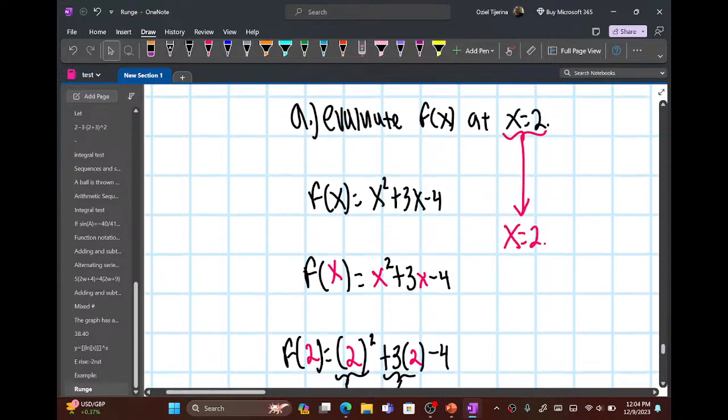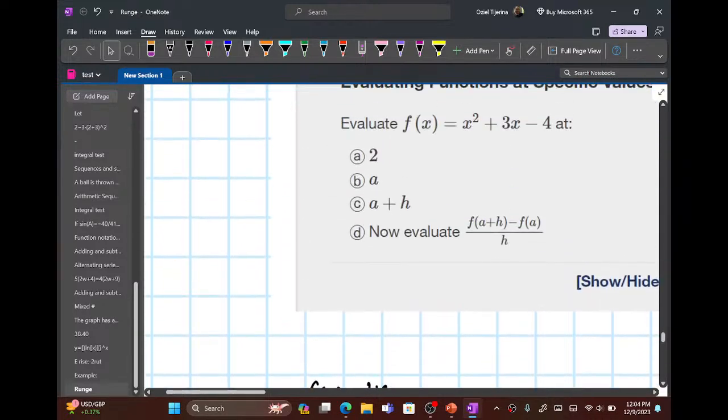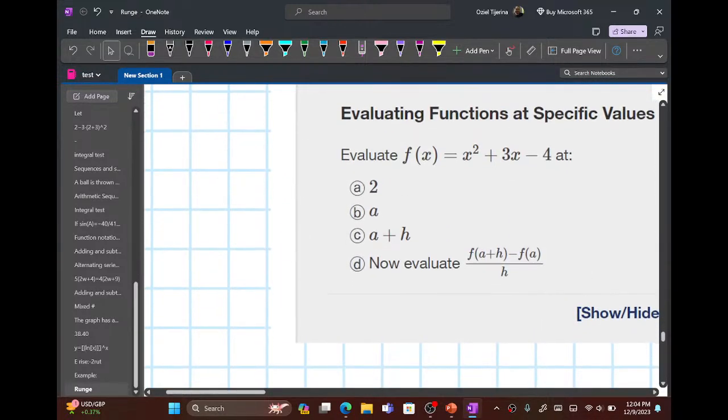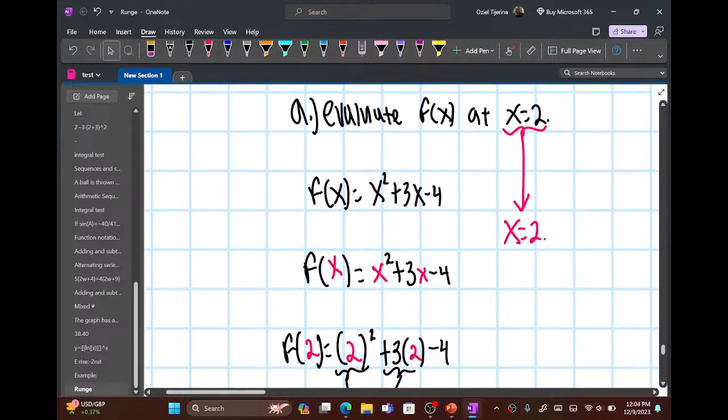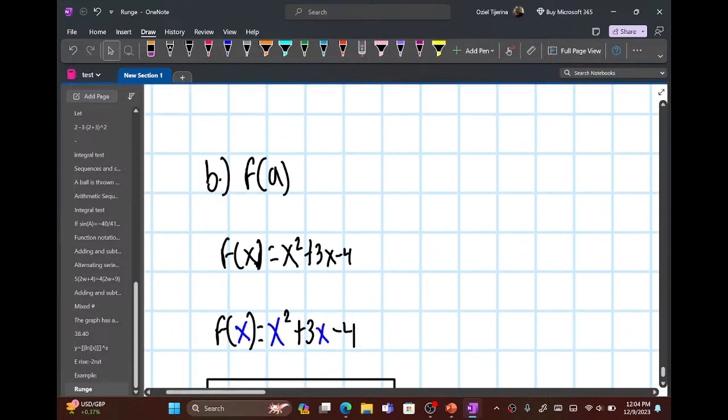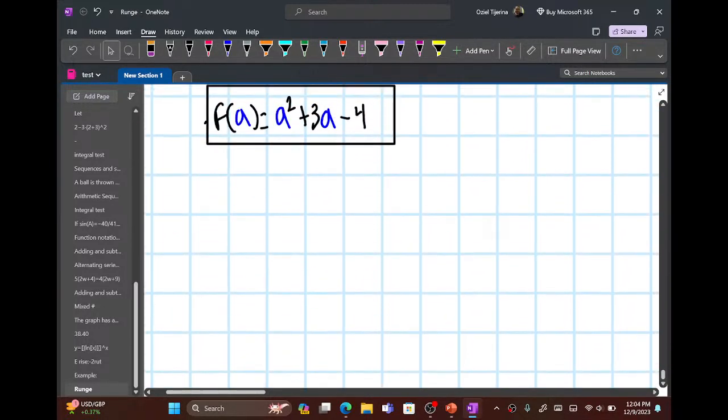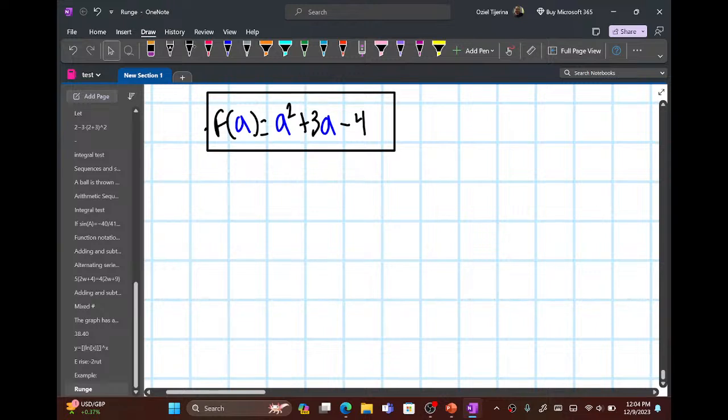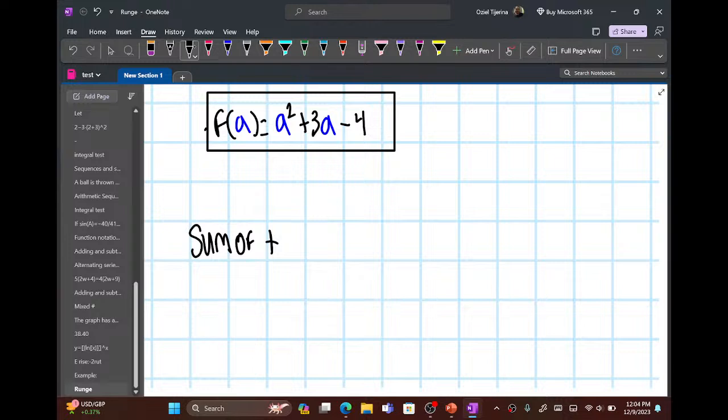Now let's do f of a plus h. This is where a lot of students get confused. I want to go ahead and introduce the sum of a binomial squared pattern.